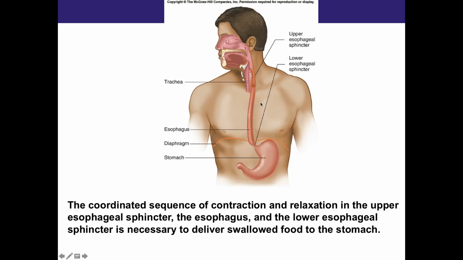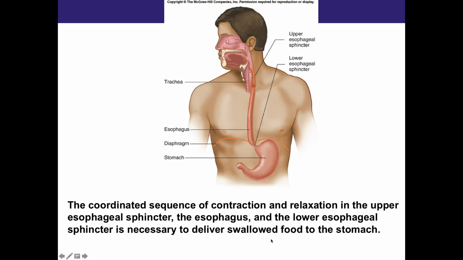It would only occur in the upper esophagus because that's under skeletal muscle control. Below that, smooth muscle control. So, the coordinated sequence of contraction and relaxation in the upper esophageal sphincter, the esophagus, and the lower esophageal sphincter, also called the cardiac sphincter, is necessary to deliver swallowed food to the stomach.